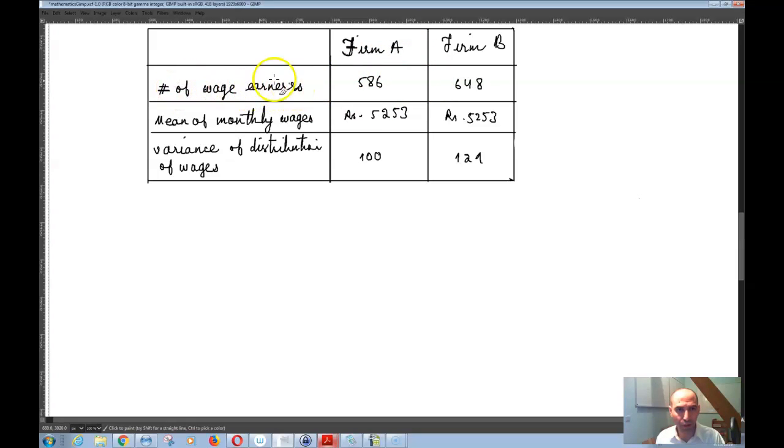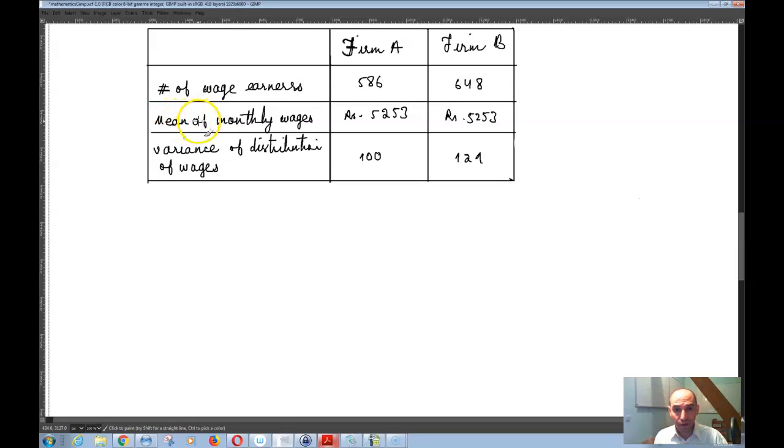So the number of wage earners over here was 586, and this is 648 people.